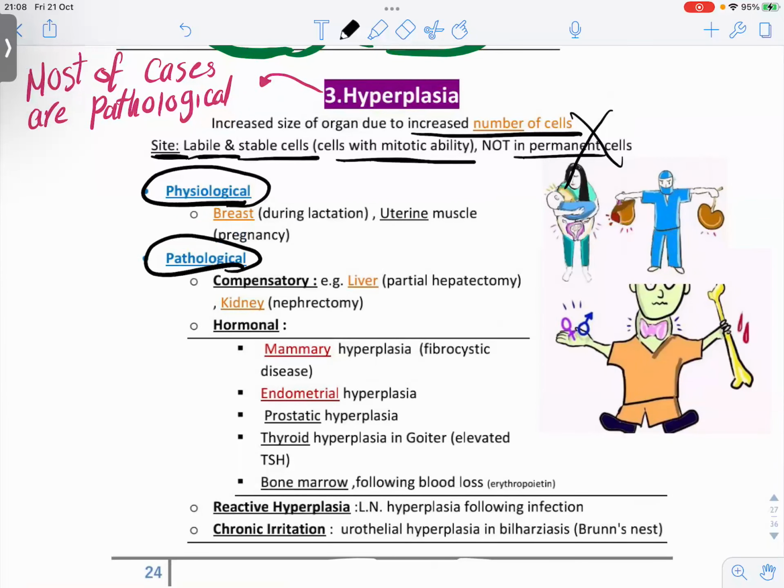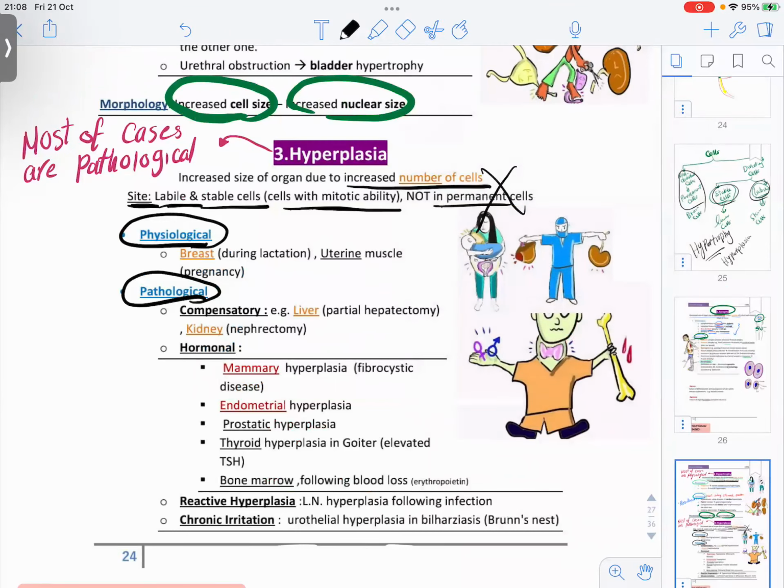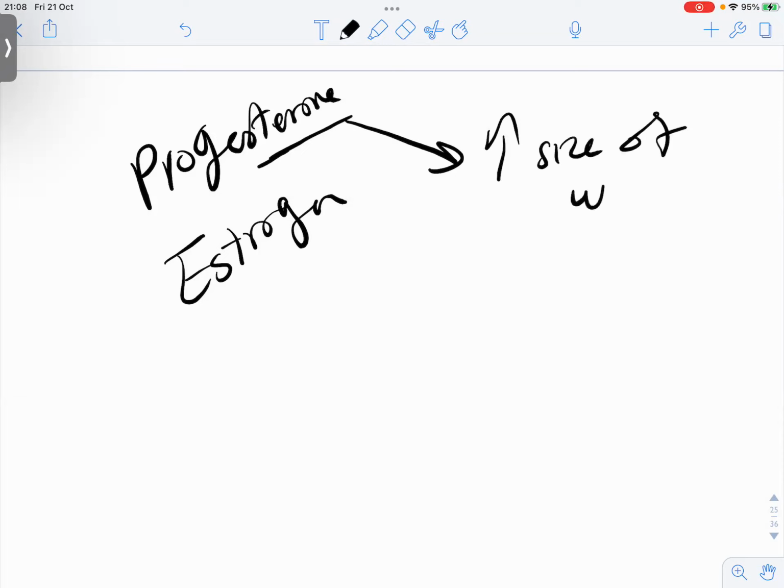For physiological hyperplasia, do you remember when I told you that during pregnancy the ovary starts to secrete progesterone and estrogen? Progesterone can cause an increase in size of the uterus, so it's called hypertrophy.